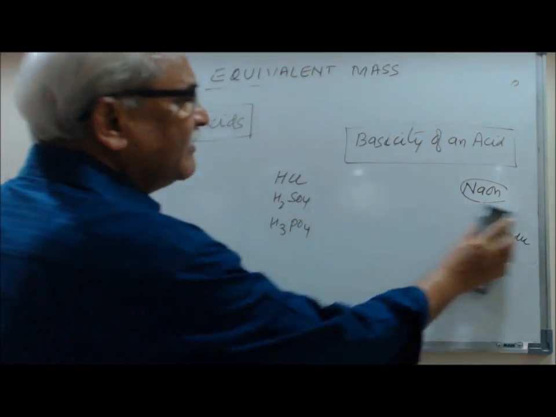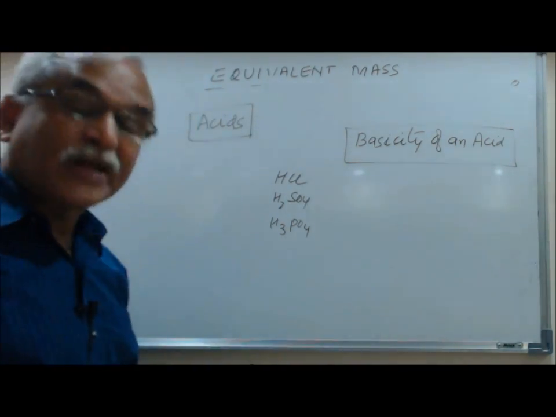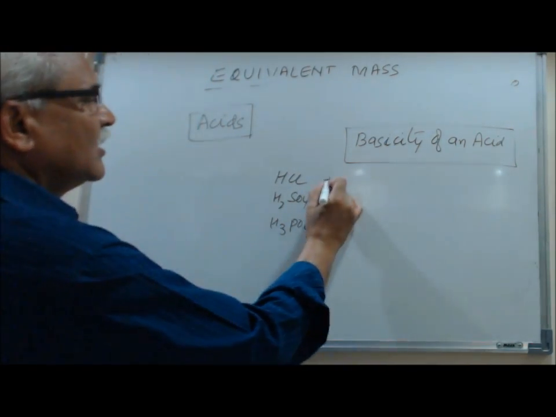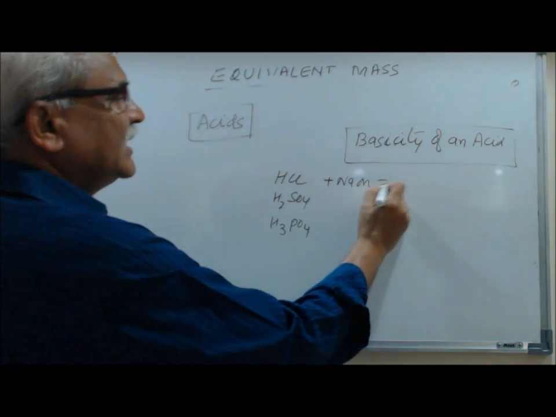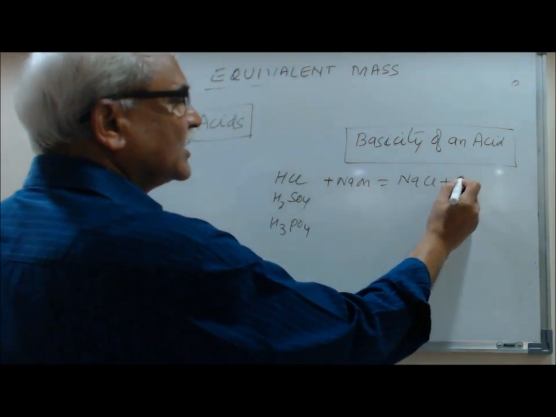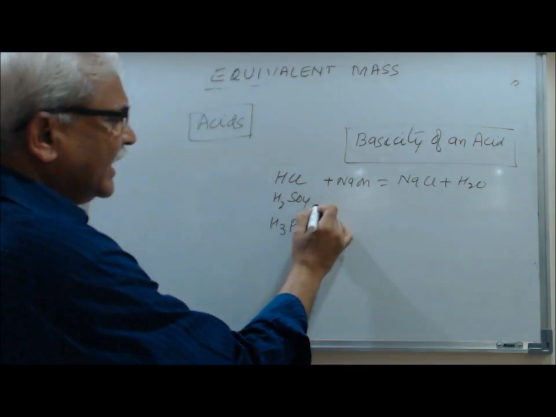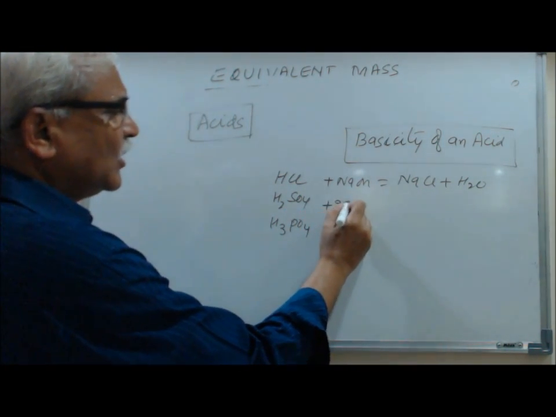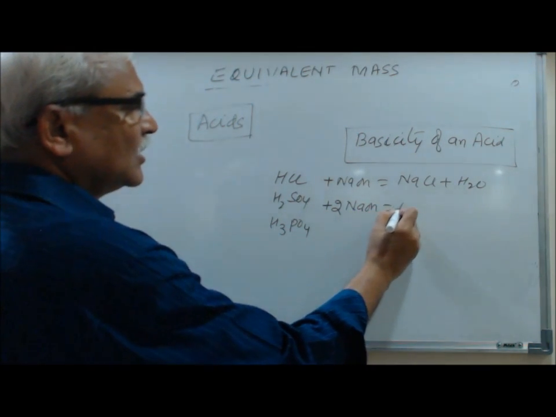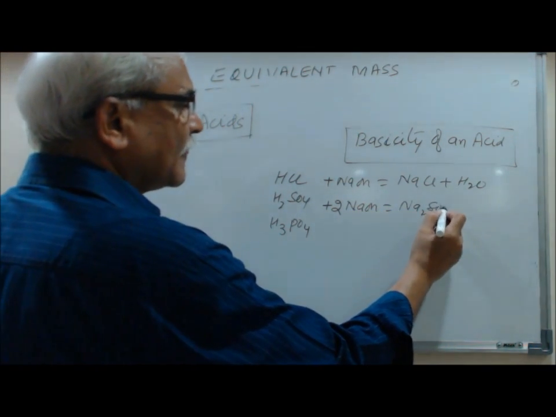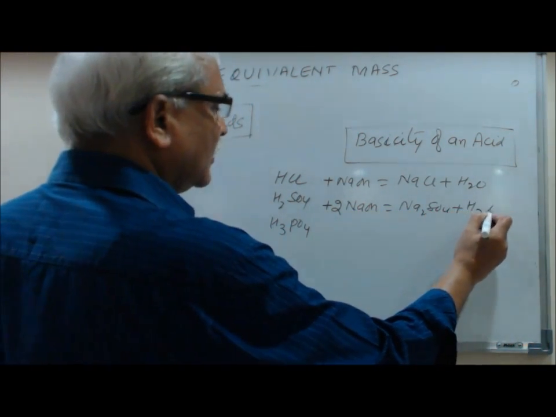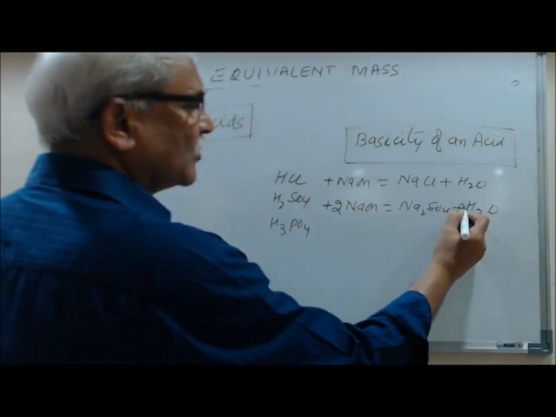So if I react HCl with KOH or HCl with NaOH, we say that the reaction goes like this. Haven't you seen that? But if you react sulfuric acid with NaOH, we require 2 moles of NaOH to give Na2SO4 and 2H2O.